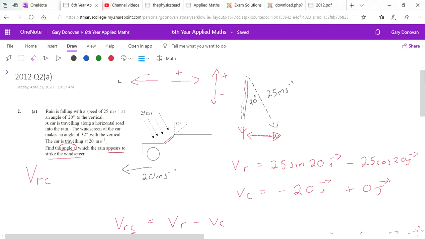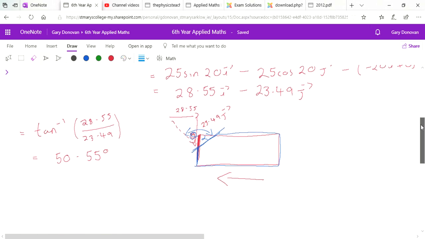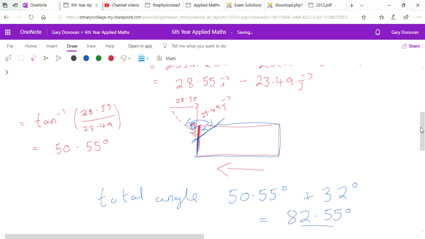And we can see from our picture that alpha is 32 degrees. So if we want to get the total angle, it would be 50.55 degrees plus 32 degrees, which gives us an answer of 82.55 degrees. And that's your answer.